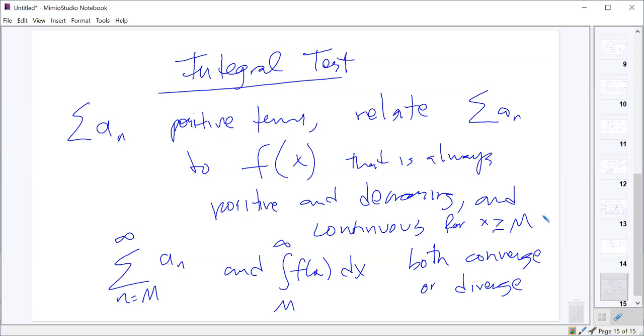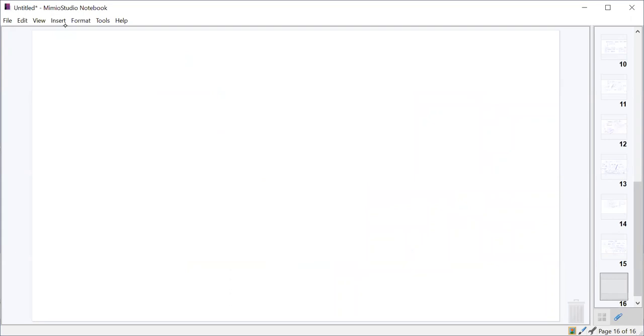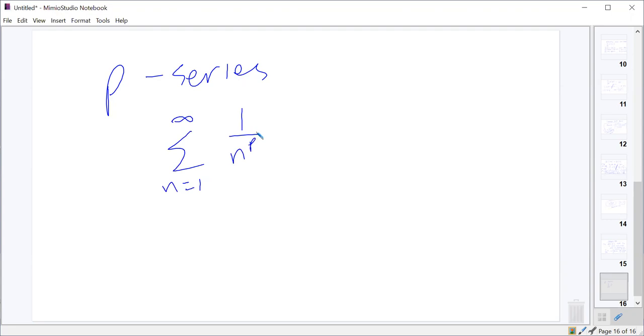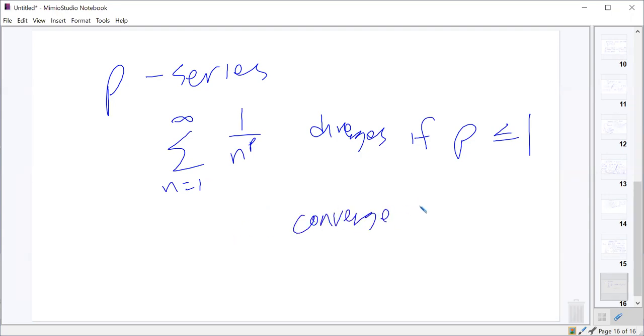And we used that result to look at p-series, and we knew that for any p-series, if we have the sum from n equals 1 to infinity of 1 over n to the p, this will diverge if p is less than or equal to 1, and it will converge if p is greater than 1.